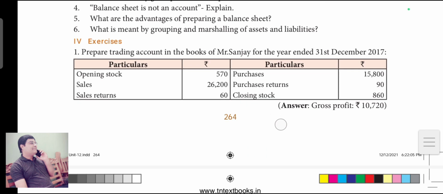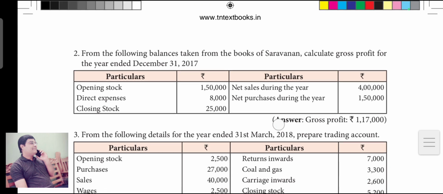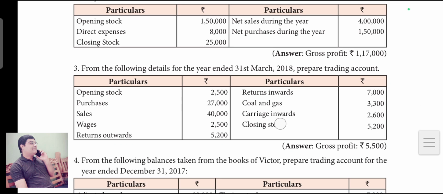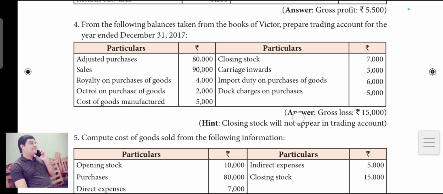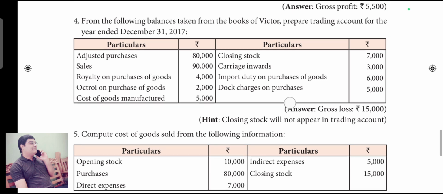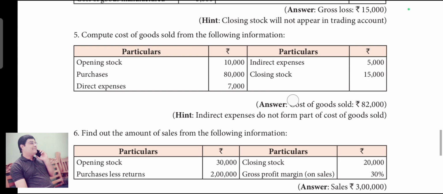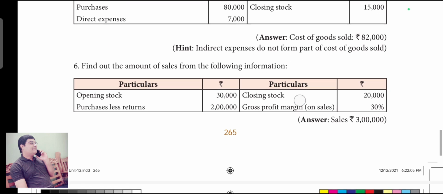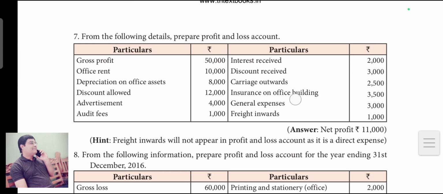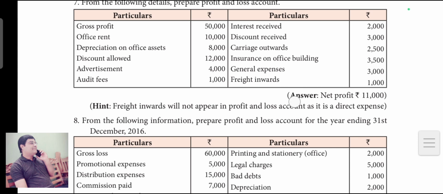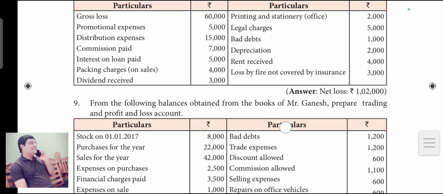Exercise sum number 3, sum number 4, sum number 5 and 6 very important in 3 marks. Sum number 7 in 3 marks only profit loss account.